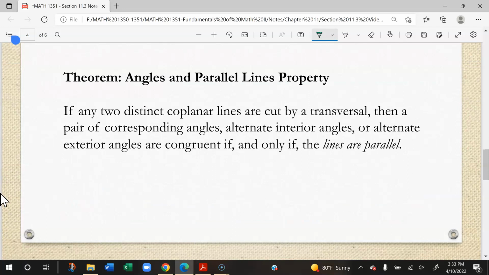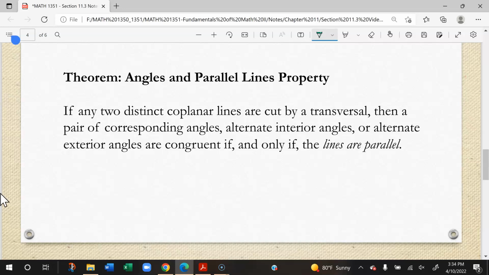Now this theorem says if any two distinct coplanar lines are cut by a transversal, then a pair of corresponding angles, alternate interior or alternate exterior angles, are congruent if and only if the lines are parallel.